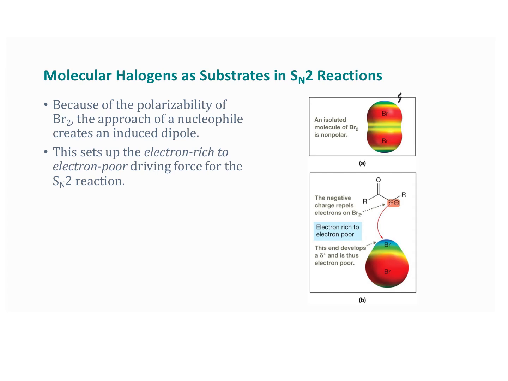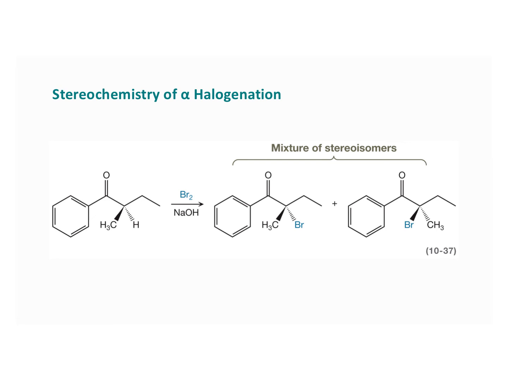Now, if we look back at the alpha halogenation mechanism that we saw in equation 1035 or equation 1036, notice that the alpha carbon on the enolate anion is bonded to 3 groups, where it's bonded to 4 groups in the halogenated product. So that means if the alpha carbon becomes a chiral center when it gains the halogen atom, that's step 2, then both the R and S configurations will be produced.